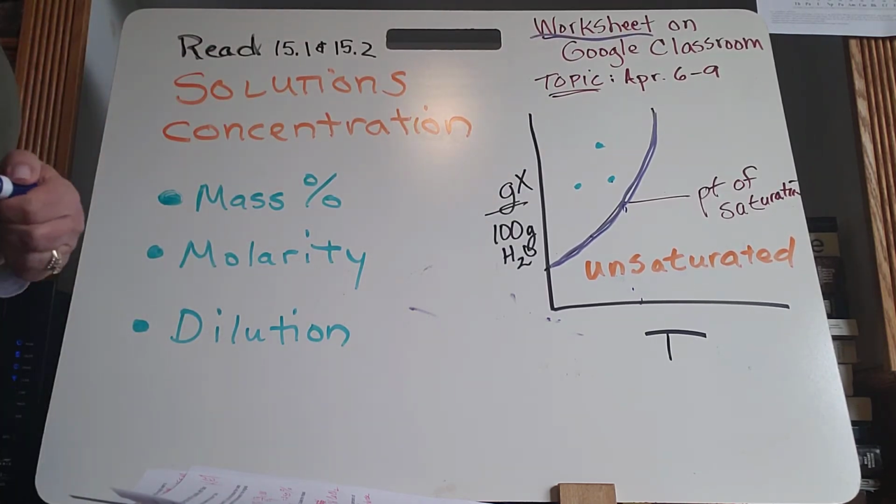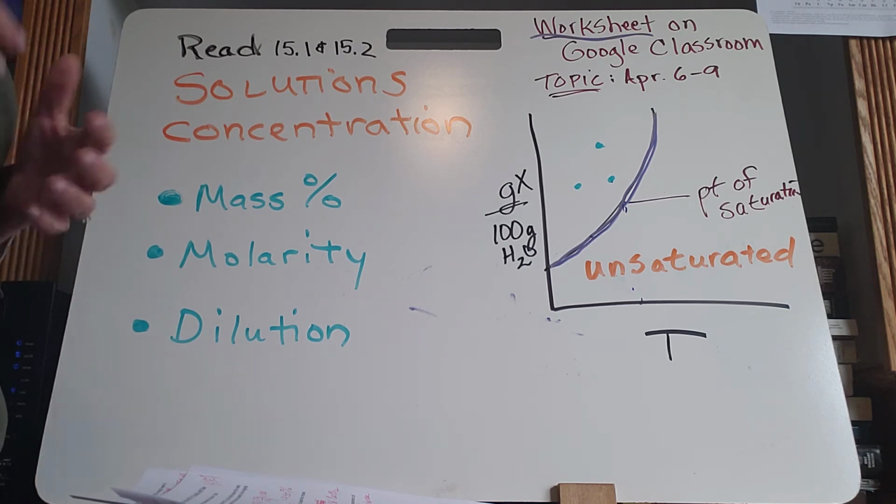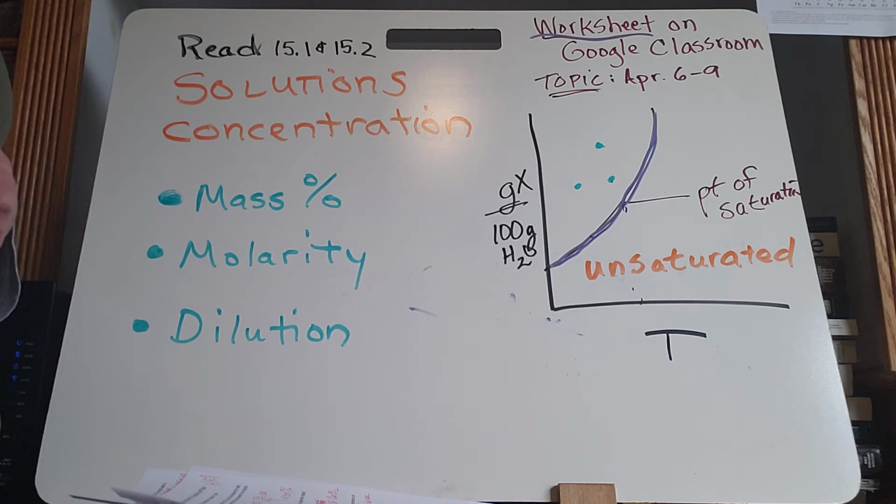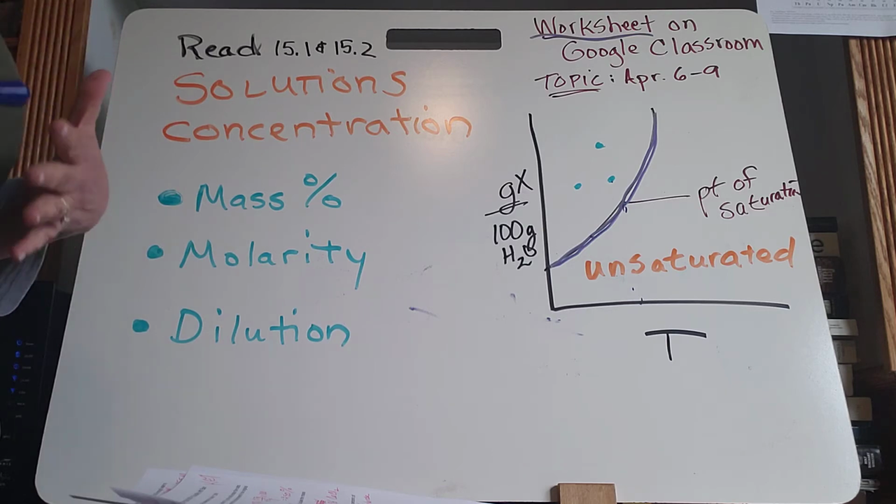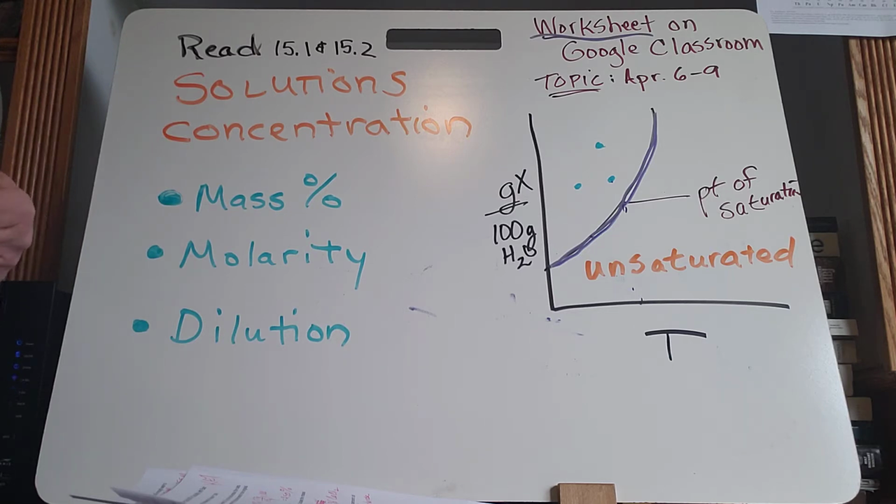It would help you to stop the video now and print out that worksheet if you haven't already. If you don't have a printer, you could write down the problems as we're going along. I'm going to do all the work for the problems on the whiteboard, and you follow along in your notes.